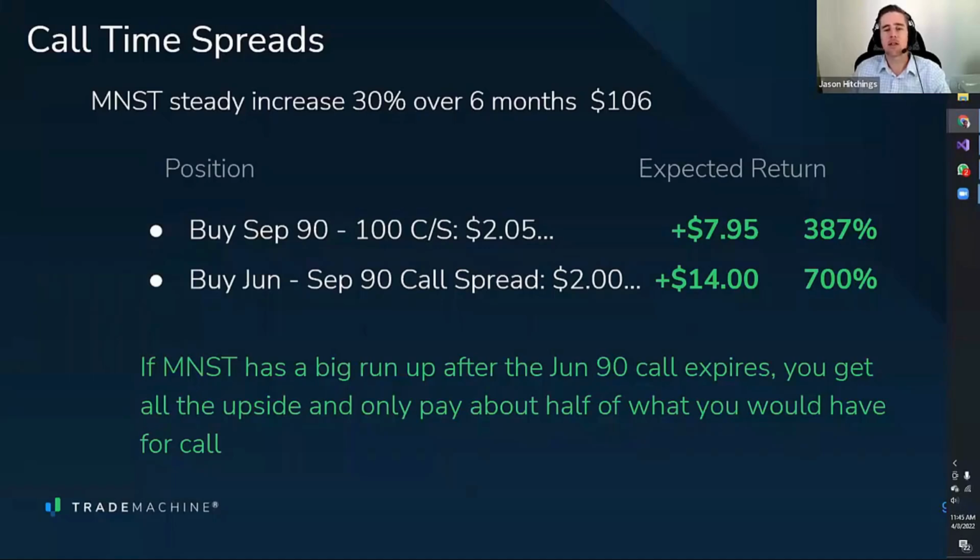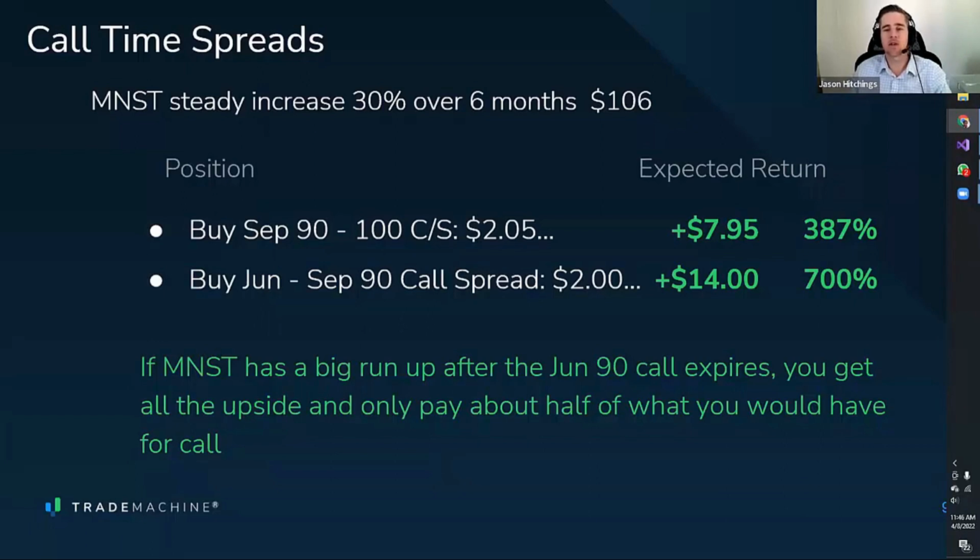Whereas the September 90-100 call spread is going to max out. The most that call spread can be worth at expiration is $10, because that's the maximum difference in the intrinsic value. You can buy the stock at $10 less, and someone's going to be able to buy it back from you $10 higher than that.